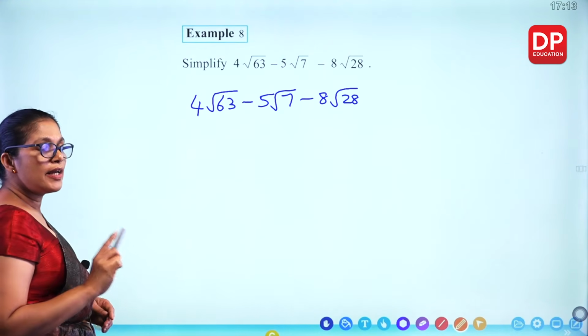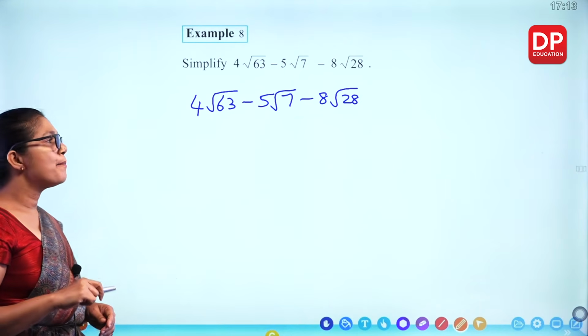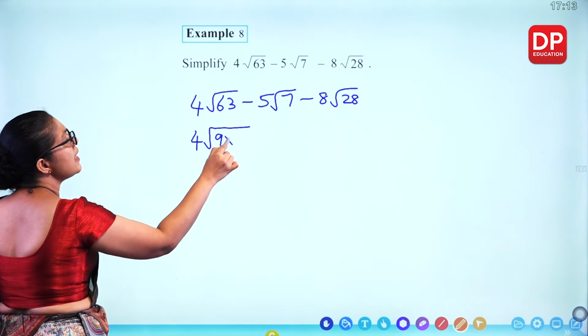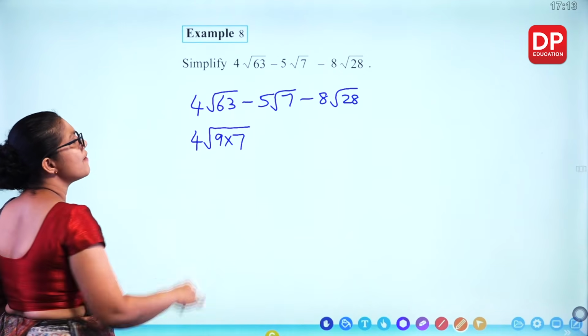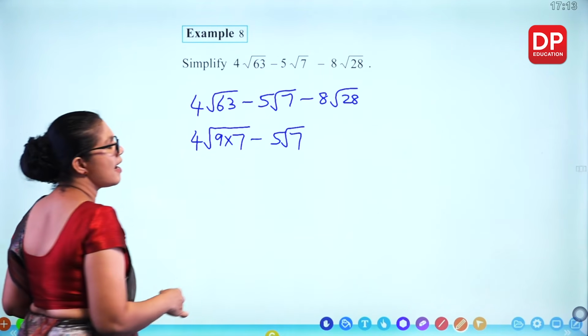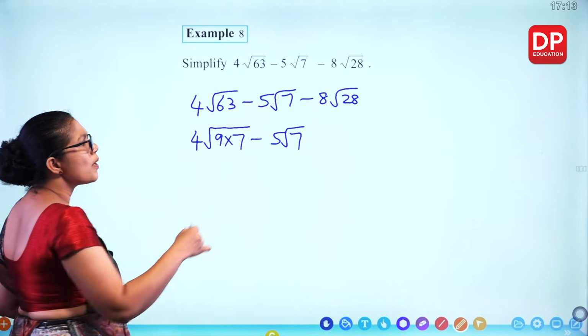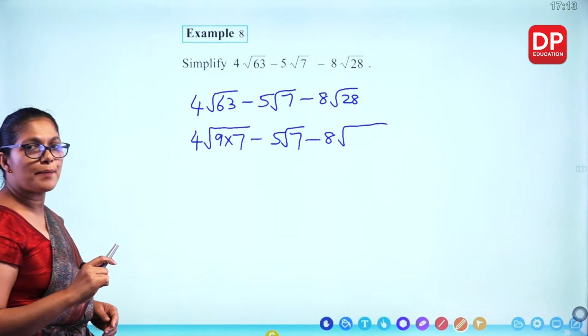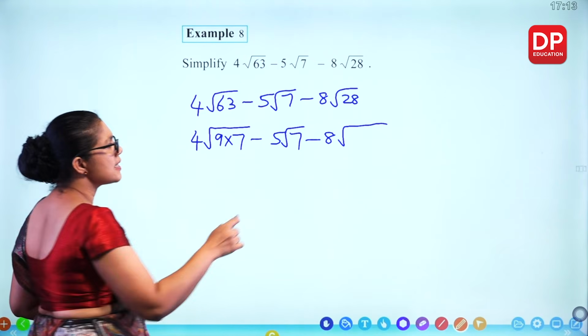How you simplify? You write as a square number. 63, how can I write? 9 times 7. 7 I can't simplify. I write as it is. 28, how can I write as a square number? 4 times 7.